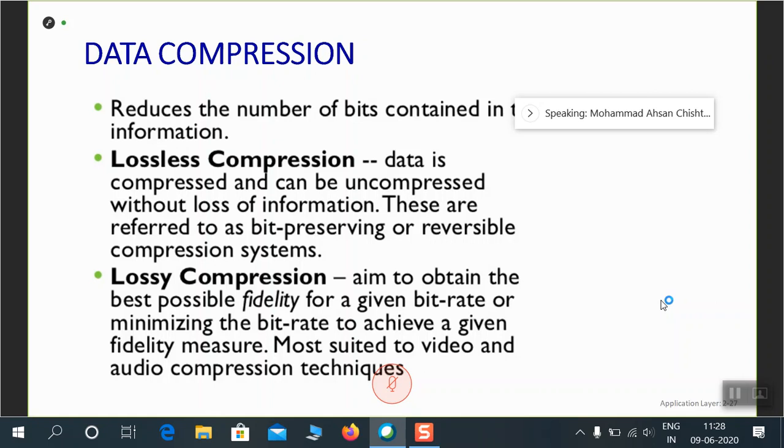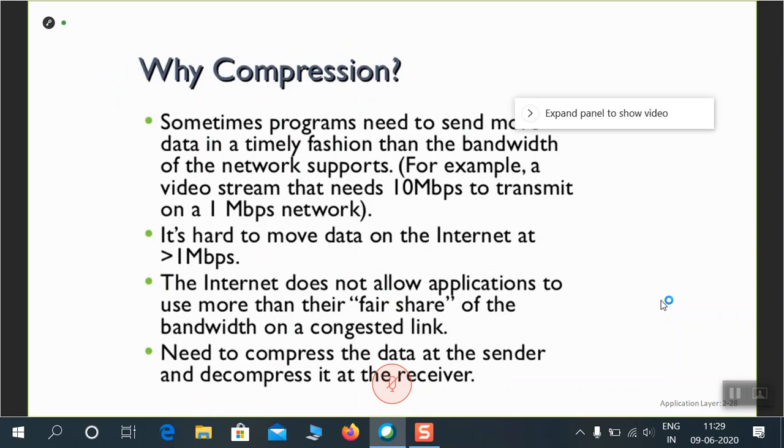You preserve all the information related to bits, that is bit preserving, or this is also known as a reversible system. The second one that we have is lossy compression, wherein you would lose some of the information. Lossy compression is most suited for video and audio compression techniques.